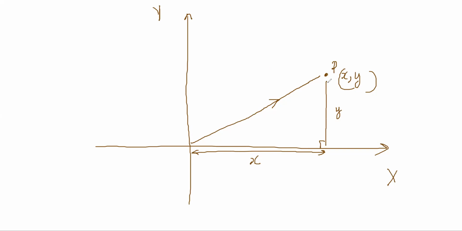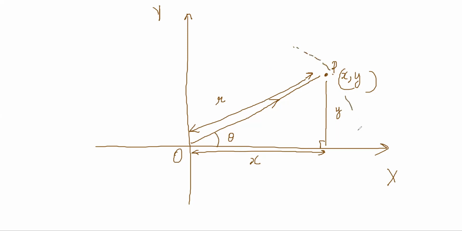I could have specified it by telling you this distance is r and this angle is theta, right? If I tell you the distance of the point from the origin and the angle in which that line goes, then you will be able to mark that point, no? If I just tell you distance, you will not be able to mark it, right?